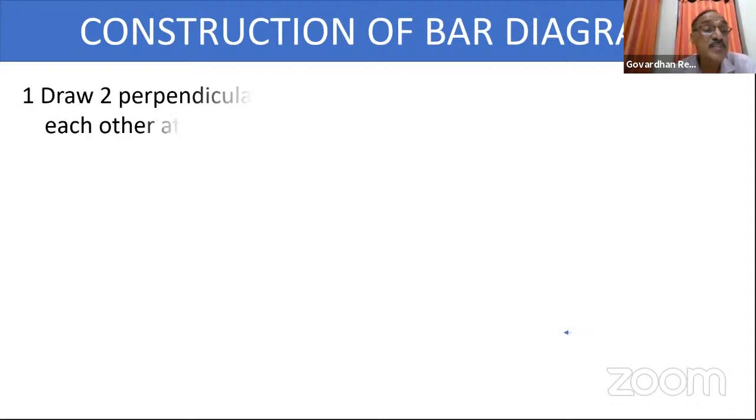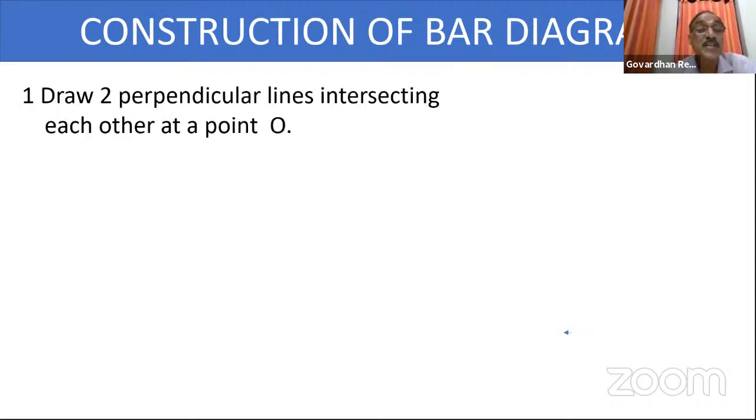Now, we'll see the construction of a bar diagram. Many of you might know how to construct a bar diagram, but some of you might not be familiar, so we shall see it once. Draw 2 perpendicular lines intersecting each other. Here on the right side, you can find 2 lines, one horizontal and one vertical, intersecting at one point.